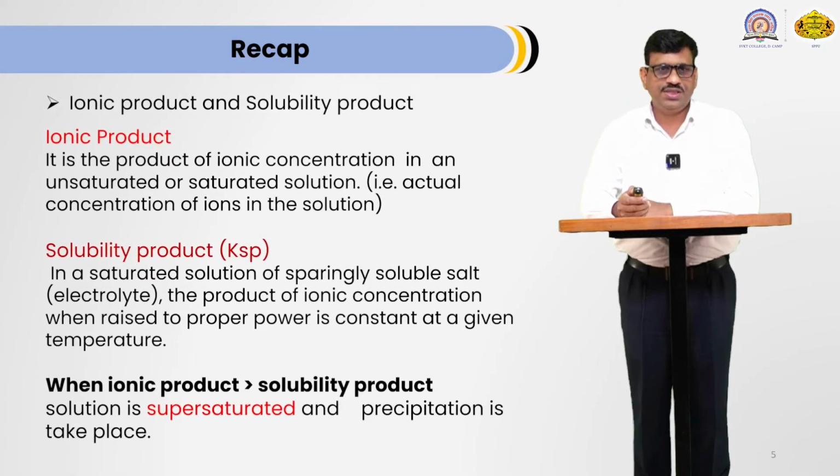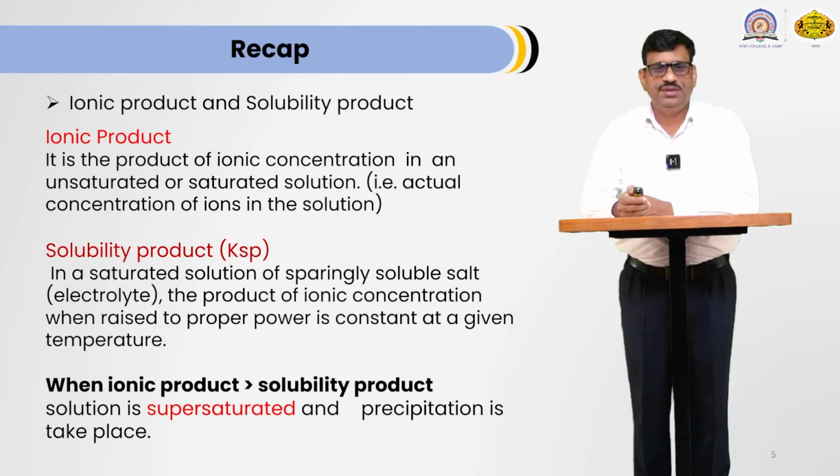We have also discussed ionic product and solubility product. Ionic product is the product of ionic concentration in an unsaturated or saturated solution. We have seen solubility product.